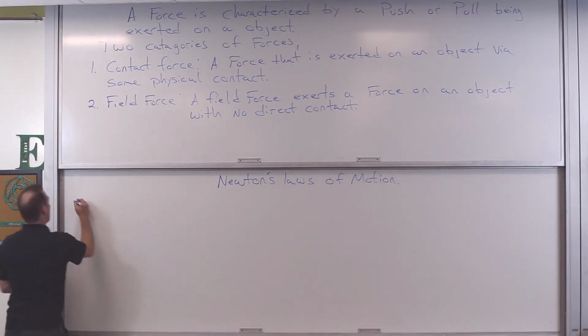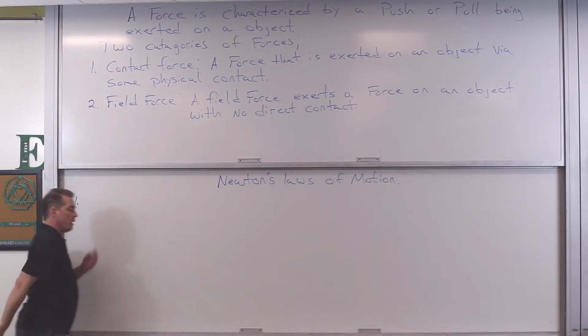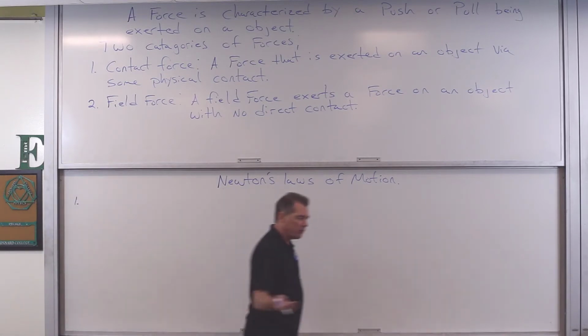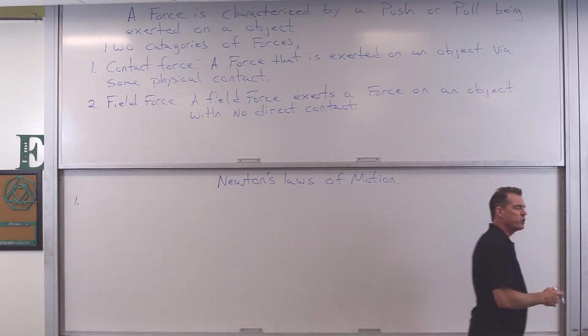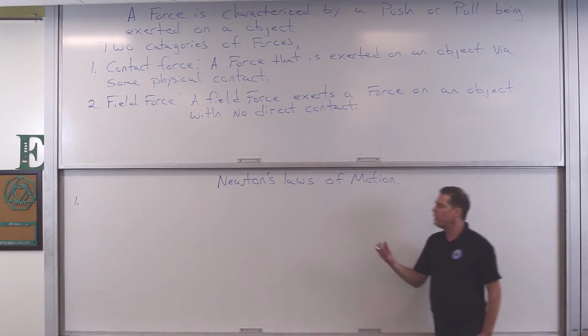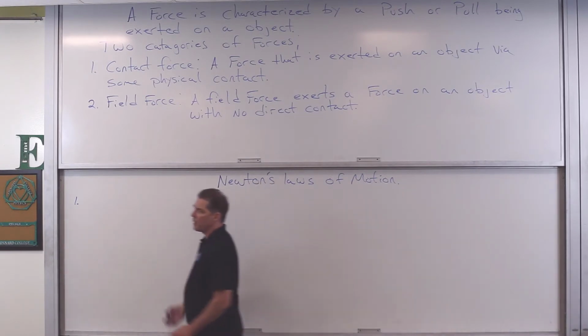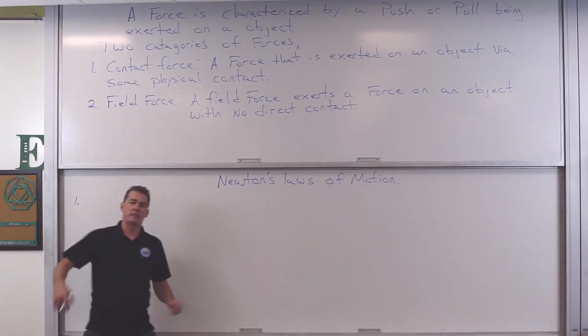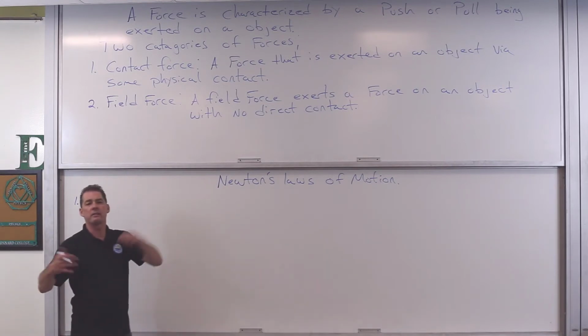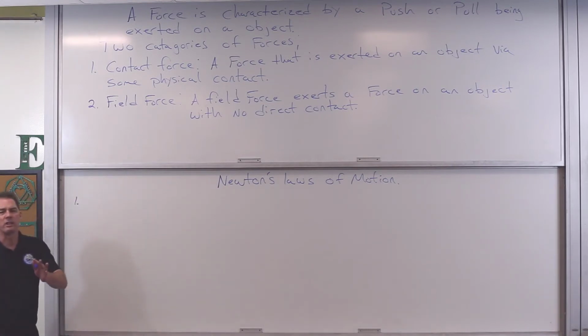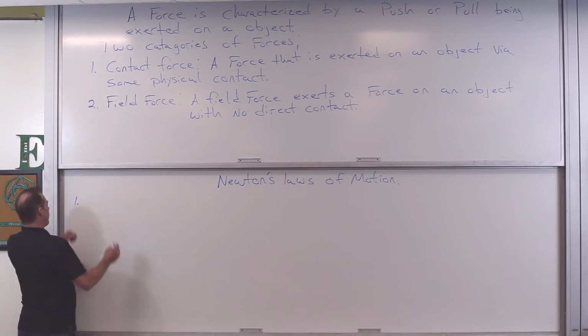Law number one, something you've probably heard before, is sometimes referred to as the law of inertia. It says that an object in motion tends to stay in motion, an object at rest tends to stay at rest, and then there are some other contingencies. That's usually what you hear, but it's a little more elaborate than that, so let's write this down.